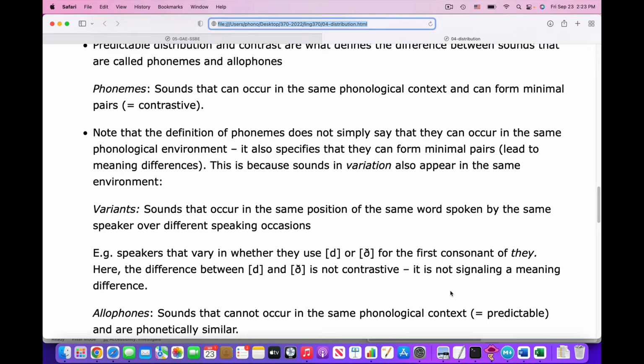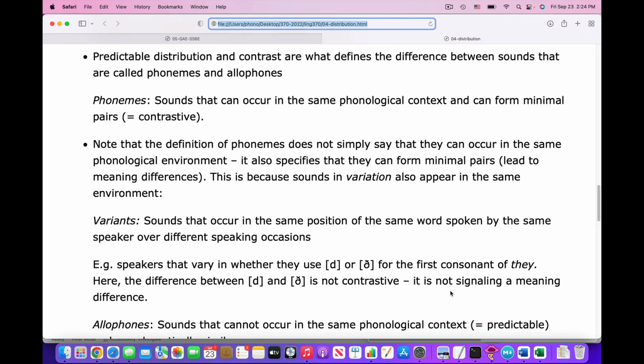And it'll happen with different frequencies across speakers. But if you're using both 'the' and 'duh' in 'they', you've got the same sound in the same phonological environment, but you're not getting a meaning difference. It's not two different words, it's the same word. So the difference between 'the' and 'duh' here is not contrastive. So we've got phonemes and variants that occur in the same phonological environment. Phonemes are the ones that can make a difference in meaning.